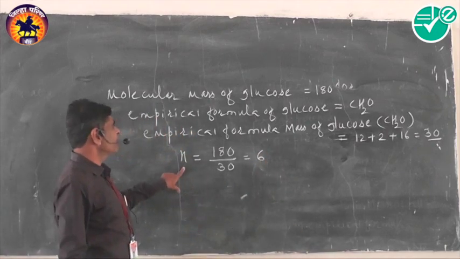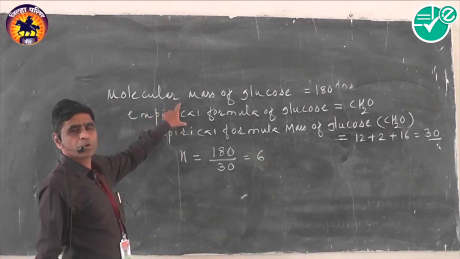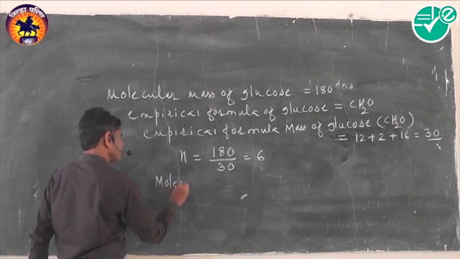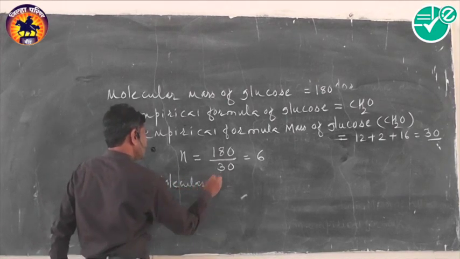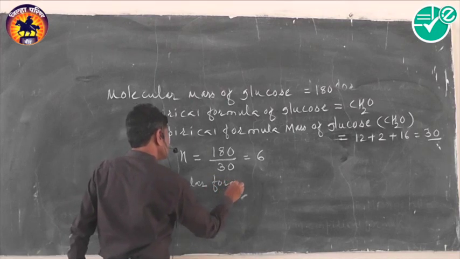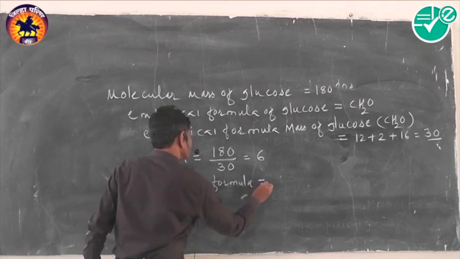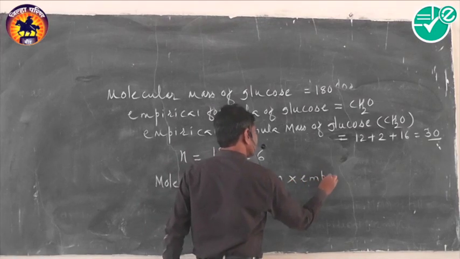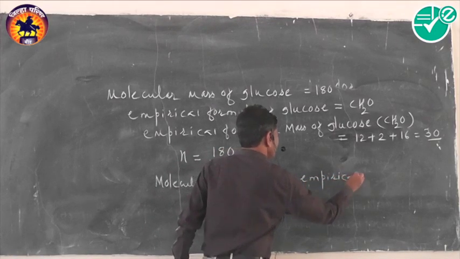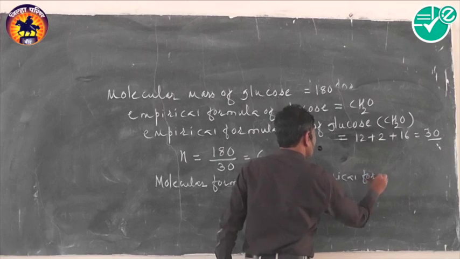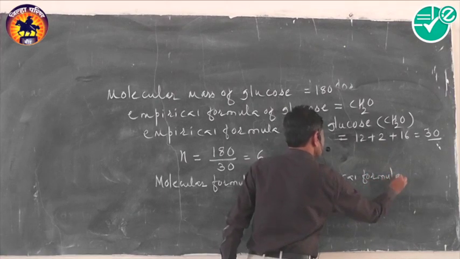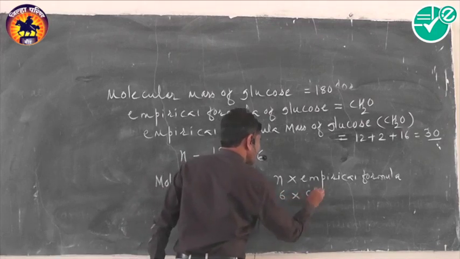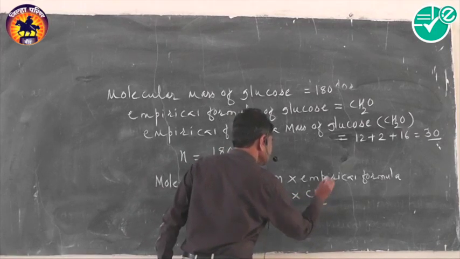And so 6 is the value of n for glucose, and thus remember how to calculate the molecular formula. Molecular formula is equal to n into empirical formula. Here the value of n is 6, and the empirical formula is CH2O.